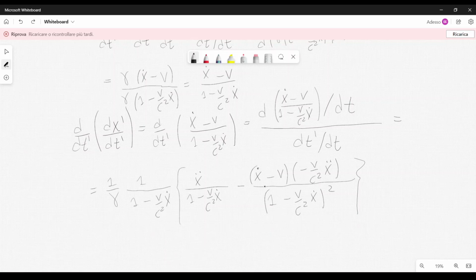It's a simple exercise, and we can rewrite this like this. We have 1 over gamma, 1 over 1 minus v over c squared x dot cubed, times x double dot times 1 minus v over c squared x dot, plus x dot minus v times v over c squared x double dot.